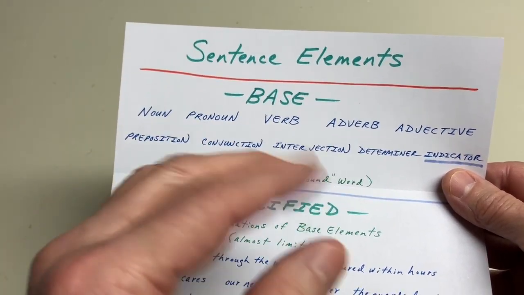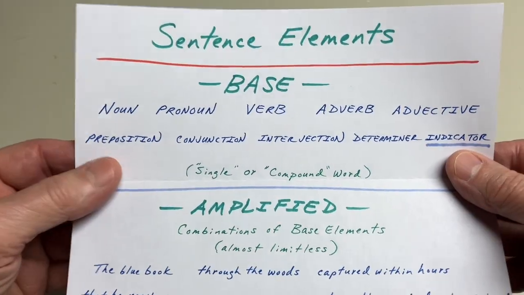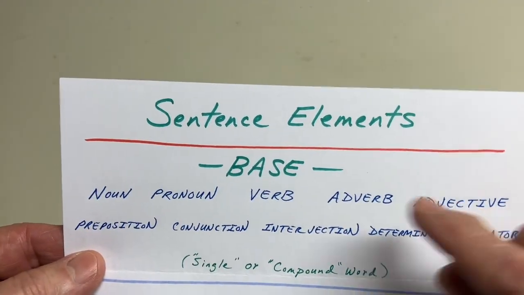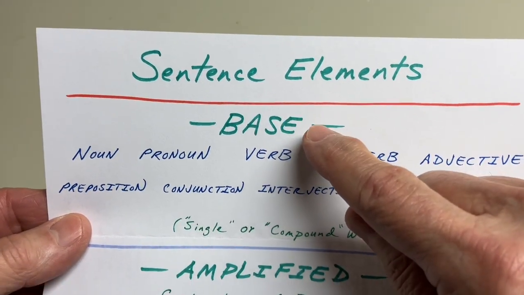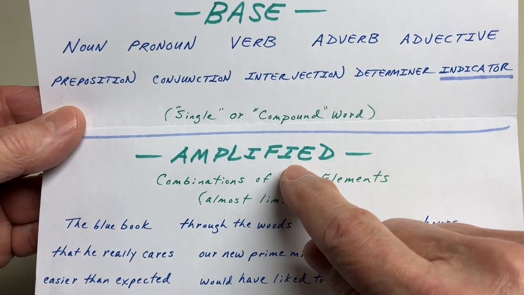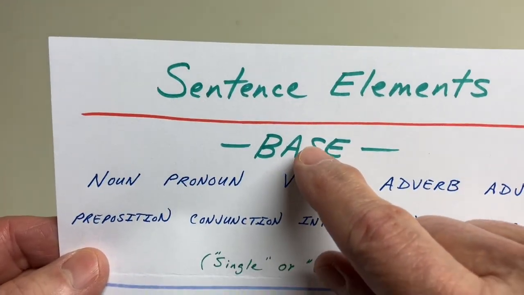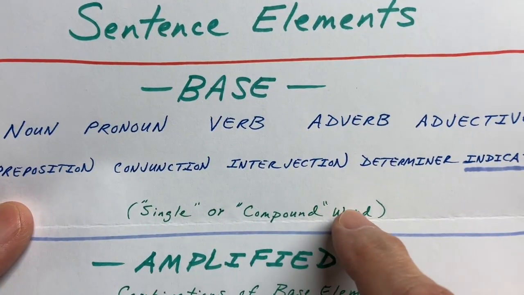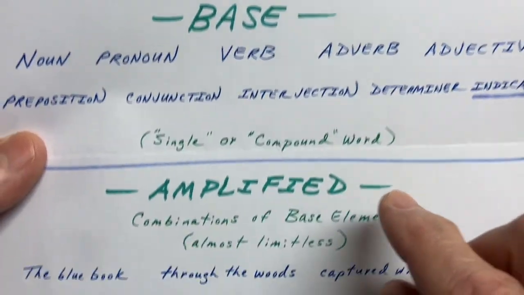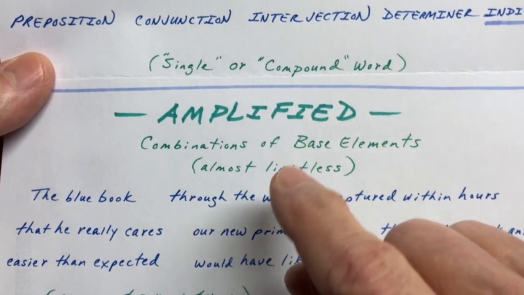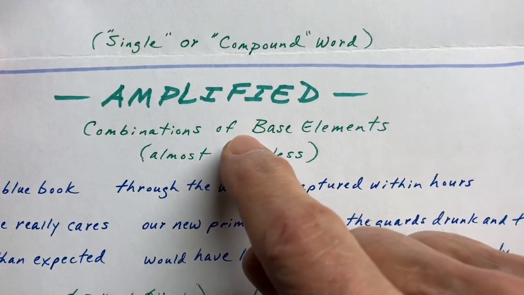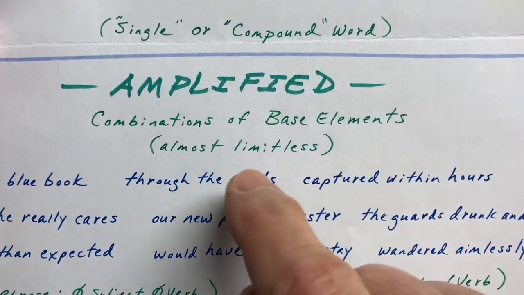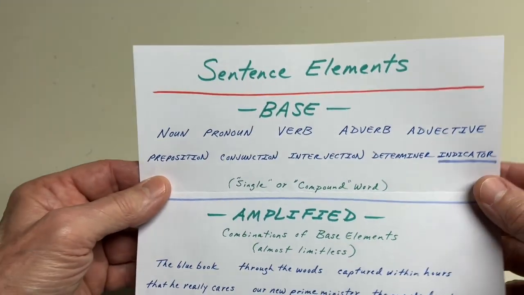I always have a weird way of thinking. To me, the sentence elements are the base elements and the amplified elements. The base are simply single or compound words. The amplified elements are combinations of base elements, and these combinations are almost limitless.